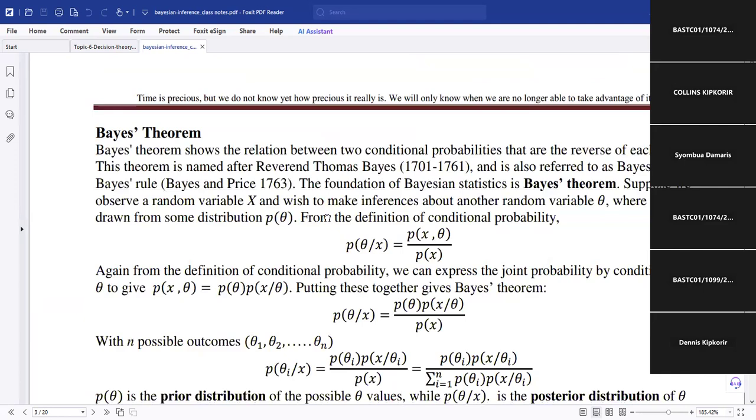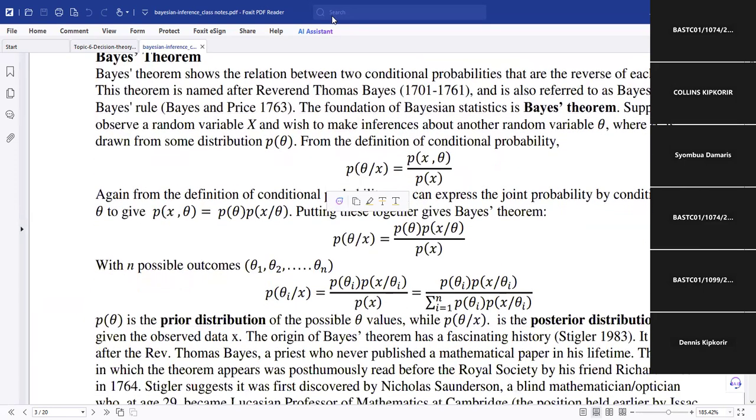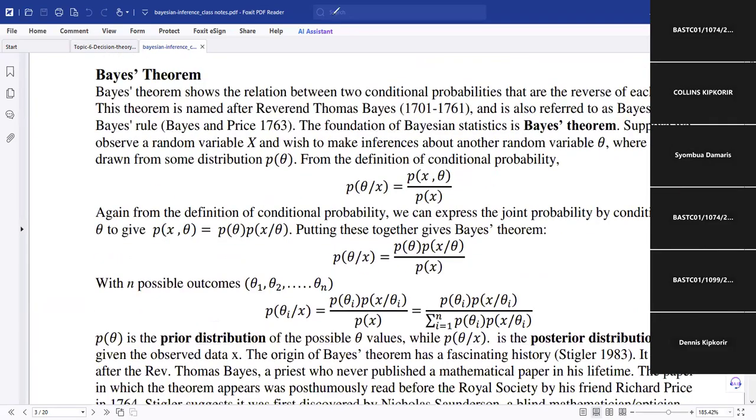Now, defining the Bayes theorem, because this is what Bayesian inference is based on. From the definition of conditional probability, suppose we observe a random variable x, and we wish to make inference about another random variable theta, where theta is drawn from some distribution P of theta.